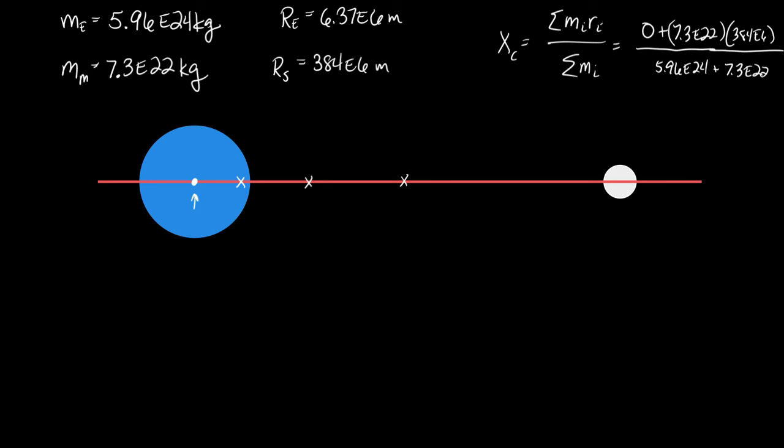And I can have everybody calculate this the first time, and many of you will get it wrong, but not know if you're wrong or not because it's just some big number and you don't know what to think. But the correct answer should work out to be 4.6 times 10 to the 6 meters, making it about 2/3 of the way from the center of the Earth to its edge.